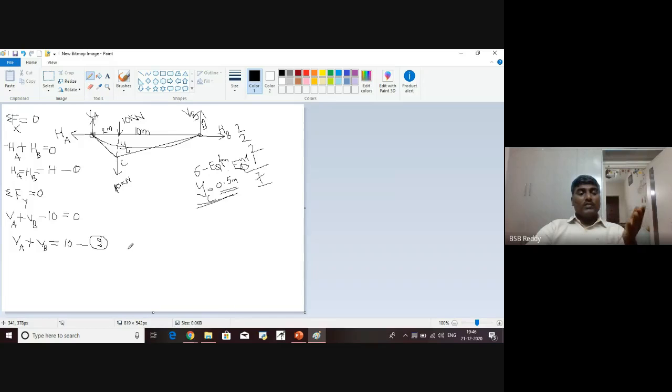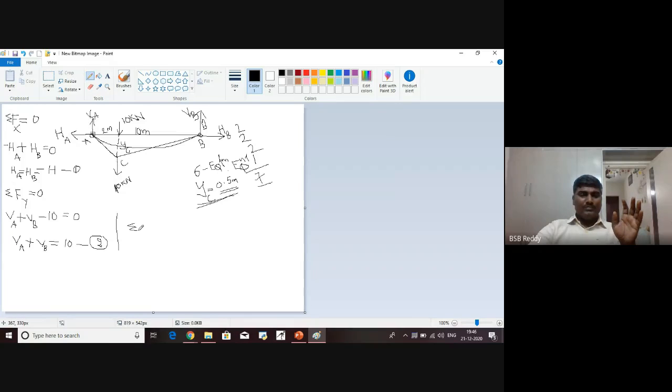Now what is the third equation? Sigma M is equal to 0. Where do you take? You take anywhere. Maybe at A or at B, whichever point you want, or at C, whichever point you want. So we'll take either A or B to avoid one unknown in the equation. That is the idea.